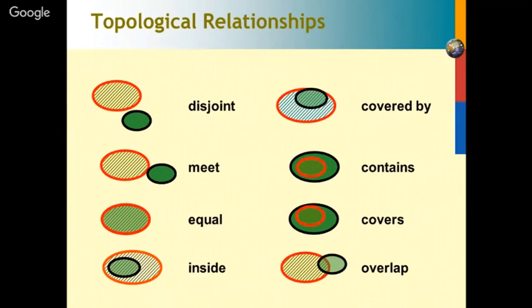All these topological relationships we are talking about currently are in the 2D domain, which means we are talking about the planimetric representation of the data sets, and based on this the topological relationships are created. We also have topological relationships in the 3D domain, but we are now restricting ourselves only to the planimetric domain for finding out different topological relationships.